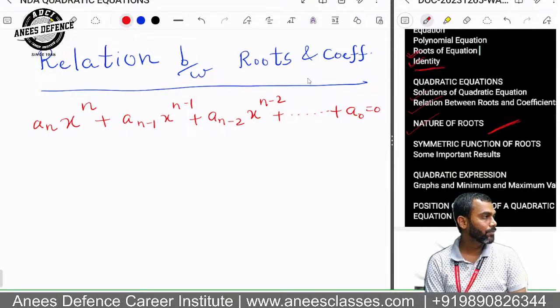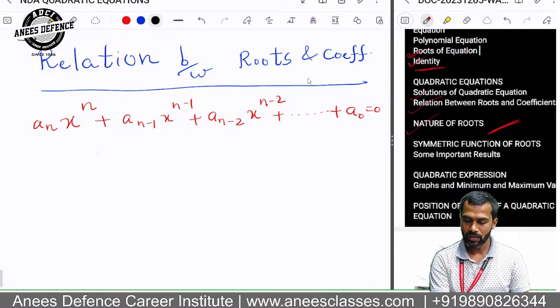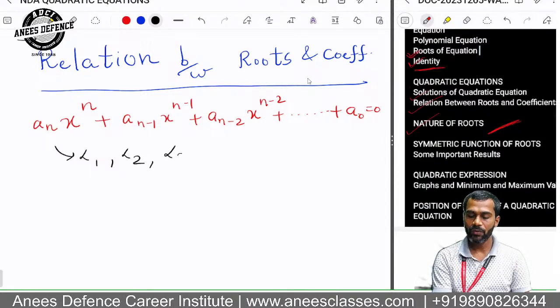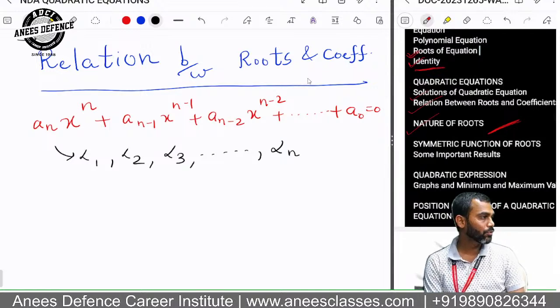How many roots are there? N roots. इसके roots भी लिख लेते हैं. Alpha 1, alpha 2, alpha 3 up to alpha n, since degree is n, therefore there would be n roots.